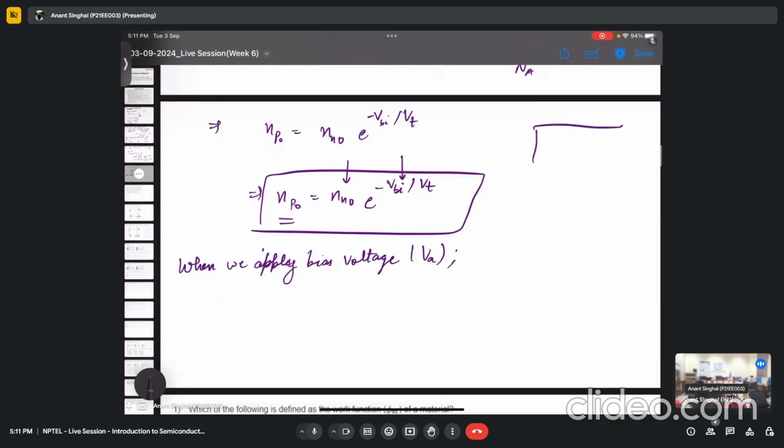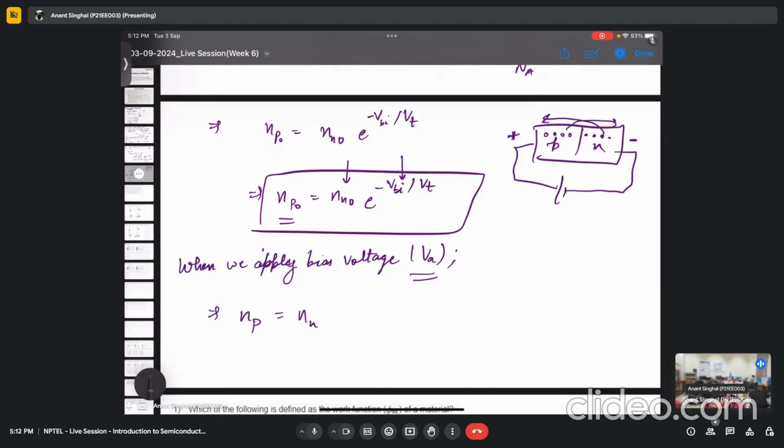In the PN junction, if we apply a positive bias here and a negative bias here, the electrons on the n side will diffuse towards the positive side, and the holes on the p side will diffuse towards the negative potential. So more diffusion happens once we apply this Va bias, and the major change is in the diffusion of the majority carriers.